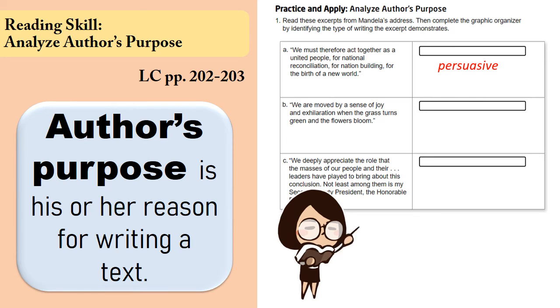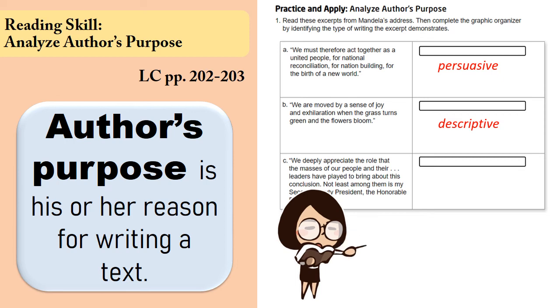Let's move on to B. We are moved by a sense of joy and exhilaration when the grass turns green and the flowers bloom. Is it persuasive, narrative, or descriptive? Definitely it is descriptive.